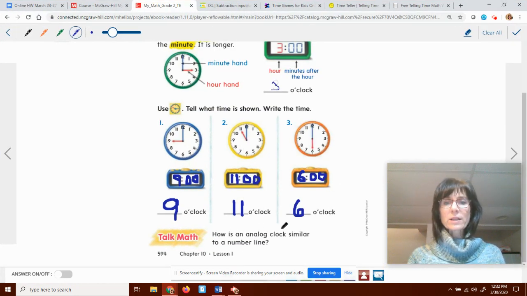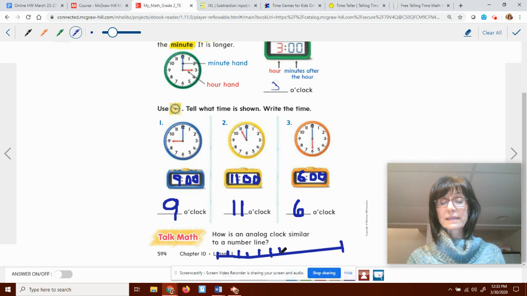How is an analog clock similar to a number line? Well, just like on a number line, I have increments. We'll say 3, 4, 5, 6, 7, 8, 9, 10, 11, 12.